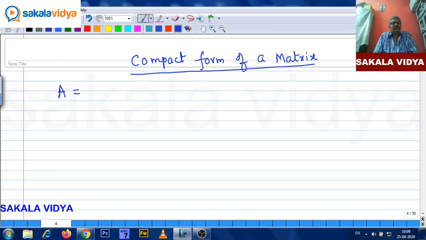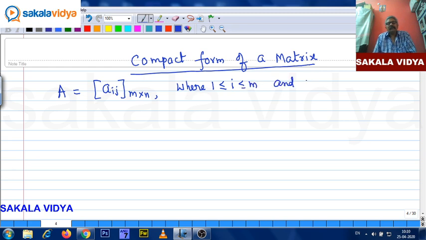So A is equal to aij, of order m by n. We need to define i and j, where 1 is less than or equal to i, which is less than or equal to m, and 1 is less than or equal to j, which is less than or equal to n.